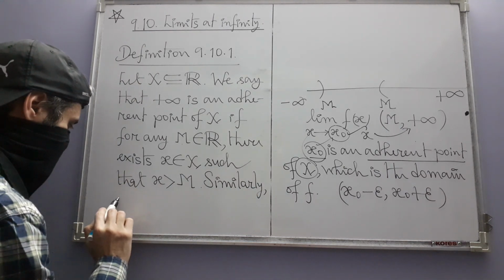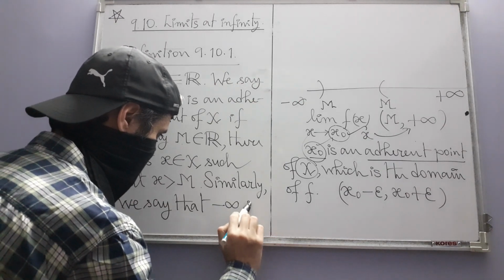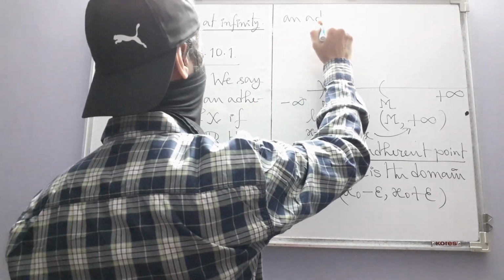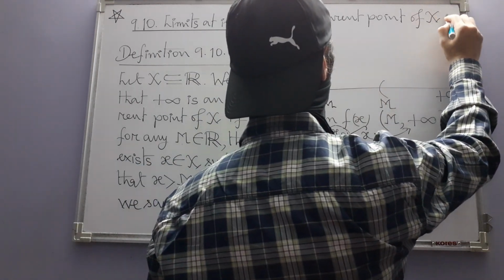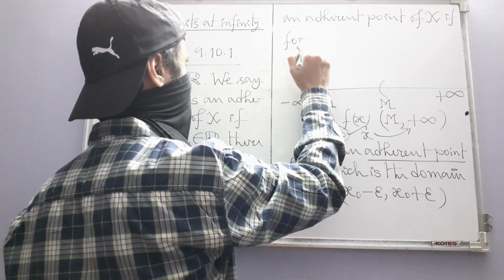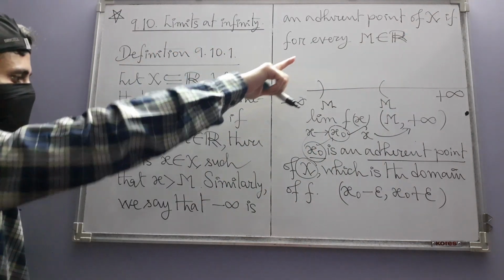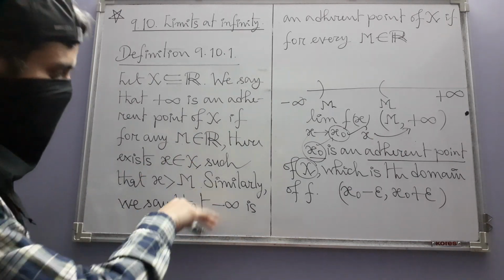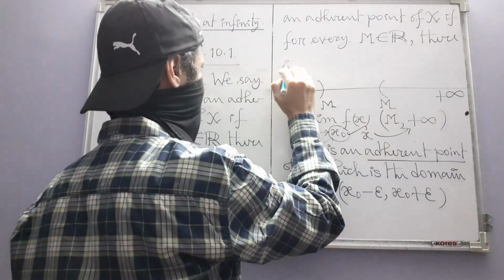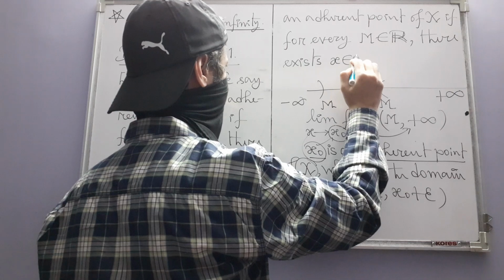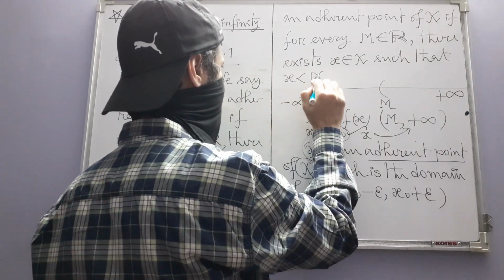Similarly, we say that minus infinity is an adherent point of X if for every m belonging to R, this m has nothing to do with the previous m, it's another definition, technically speaking, for every m belonging to R, there exists an element x in X such that x this time is less than m.